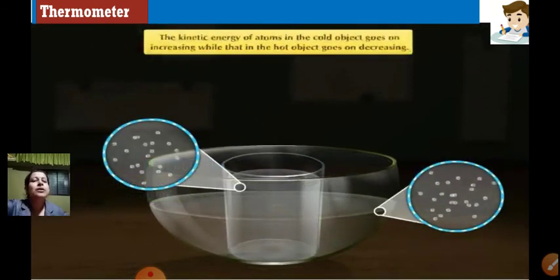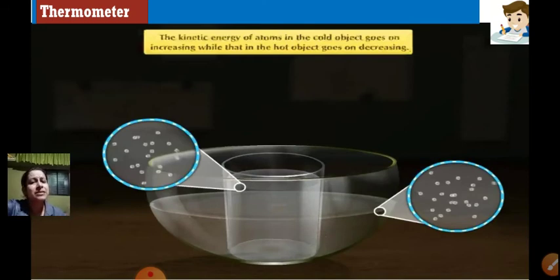Fine. Now you know that the temperature is related to the kinetic energy. So the hot object always has higher kinetic energy. The atoms of the hot object have more kinetic energy, whereas the atoms of the colder object have less kinetic energy, right?